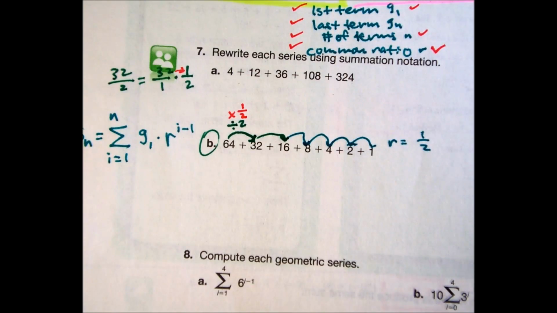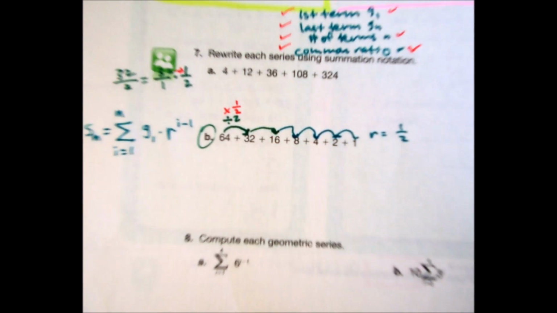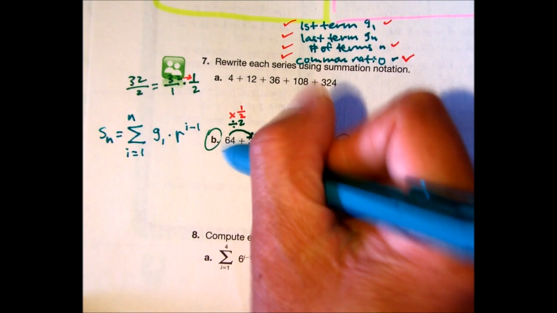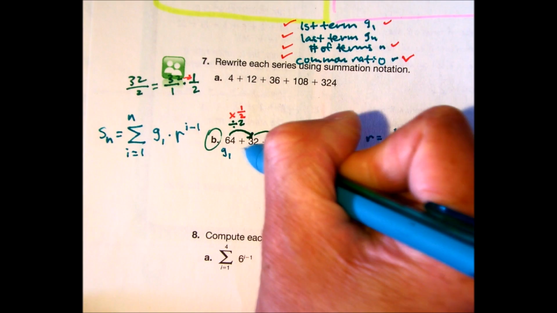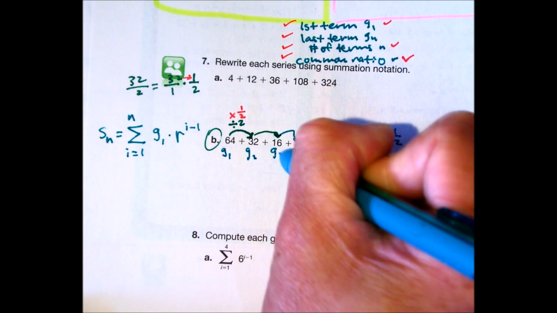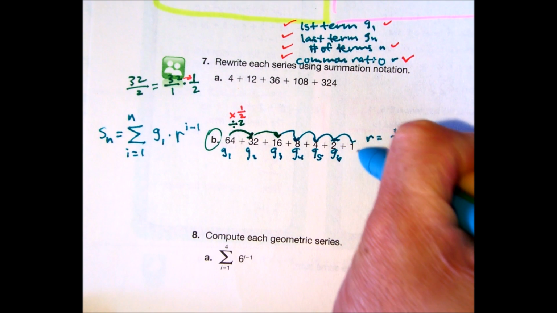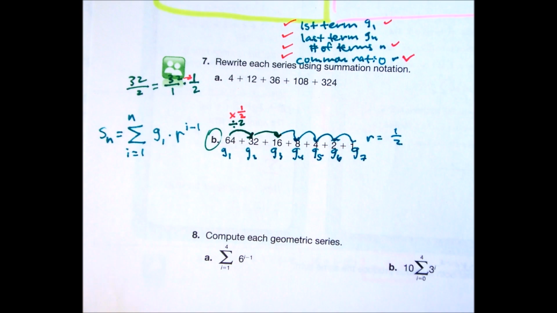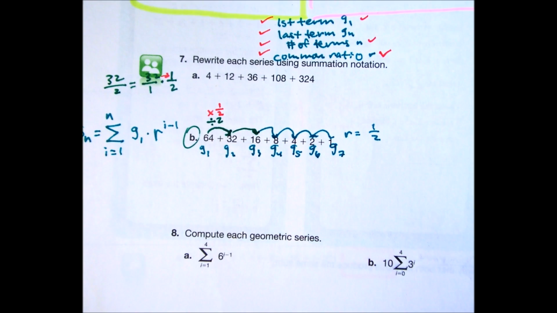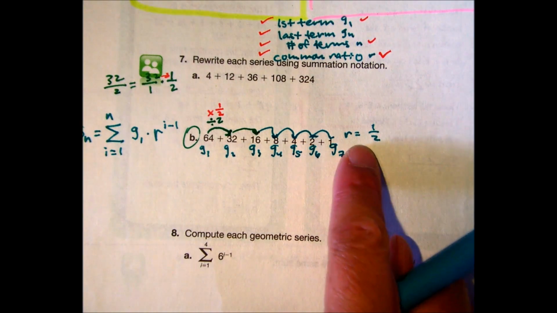Let me show you guys a second strategy of getting that ratio. First thing I'm going to do is label this: first, second, third, fourth, fifth, sixth, and seventh number in my list. Ratio means a fraction.